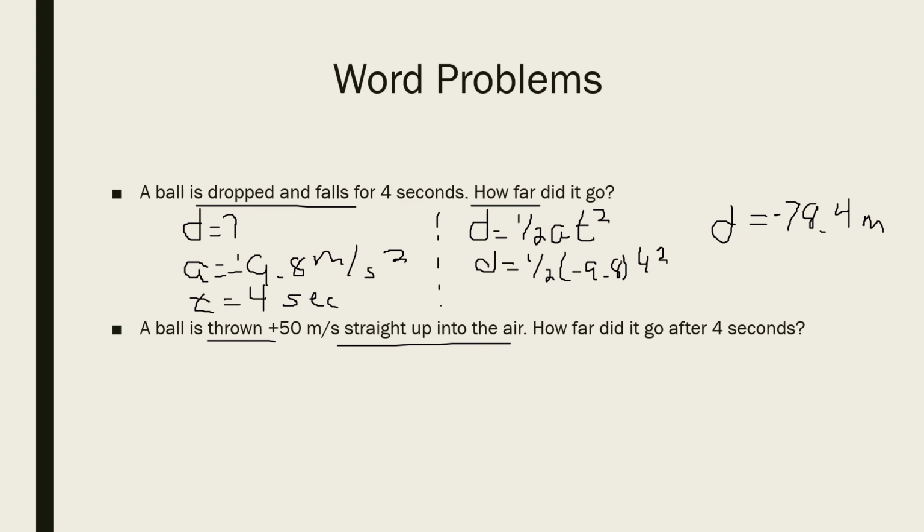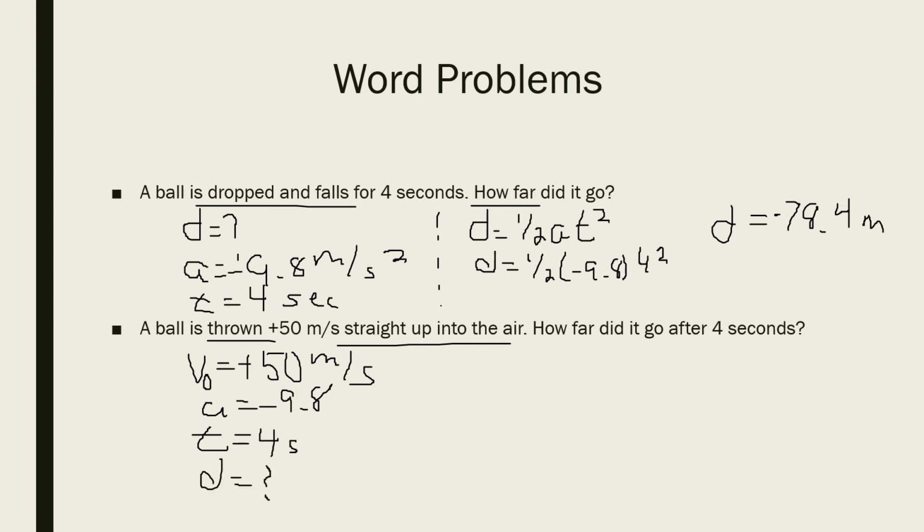Thrown straight up. V naught, it's vertical throwing. Awesome. A is negative 9.8 because we're on planet Earth, of course. When you're looking for the distance, you can go ahead and use the distance equation. All we're doing is just plugging in.